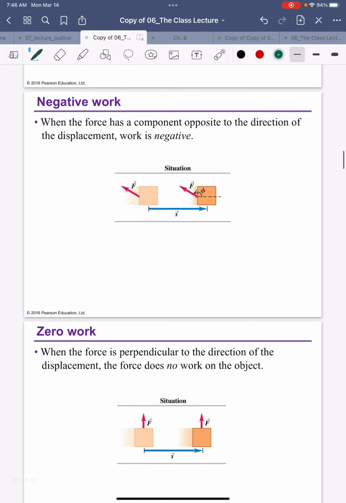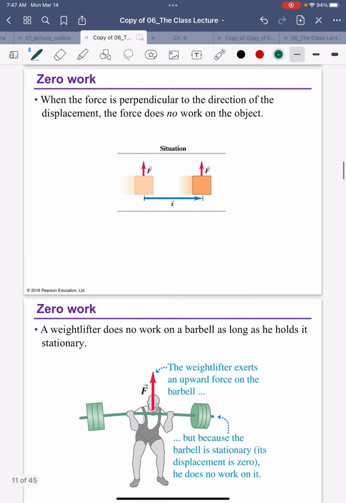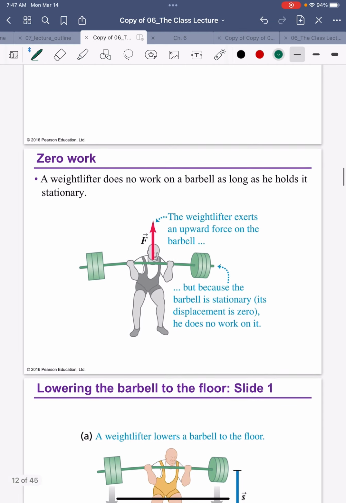And of course, if it is 90, the work done is 0. Here, a weightlifter does no work on a barbell as long as he holds it stationary. If he or she is lifting, then that is going to be different.